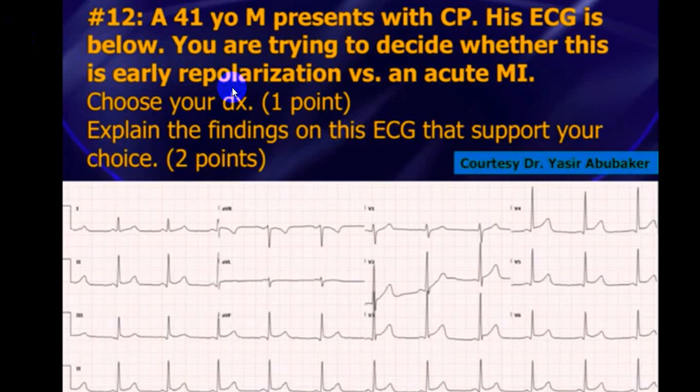But 2 and 3 varieties are dangerous because they can end up with VT and VF and they can have a sudden cardiac death. So it is also important from that point of view to identify early repolarization and also differentiate acute MI.